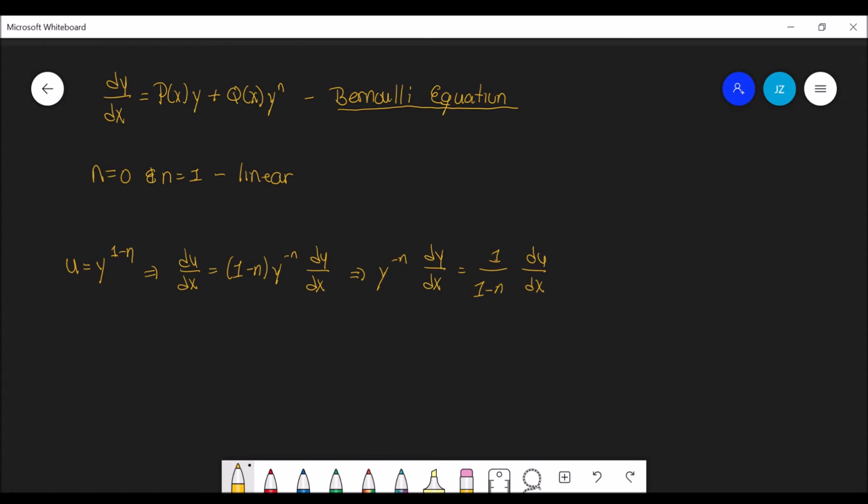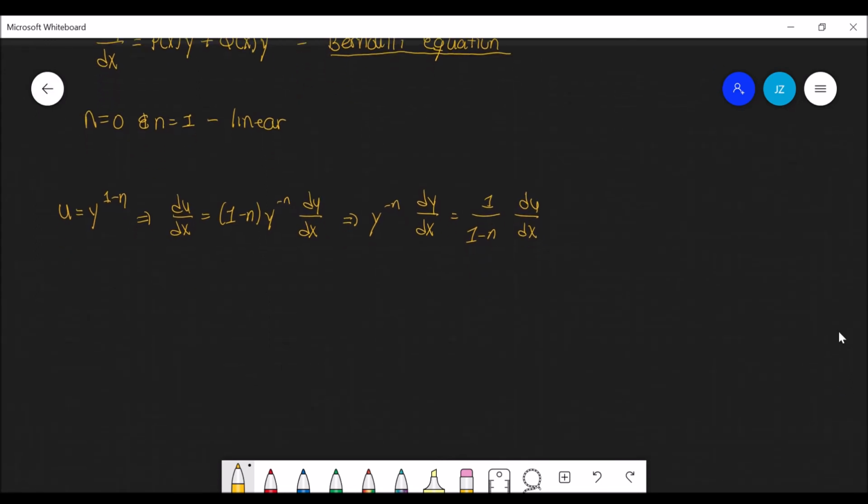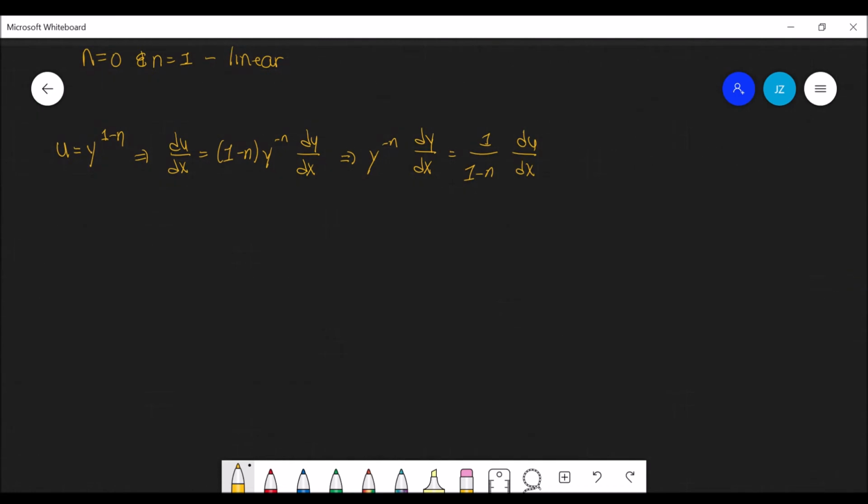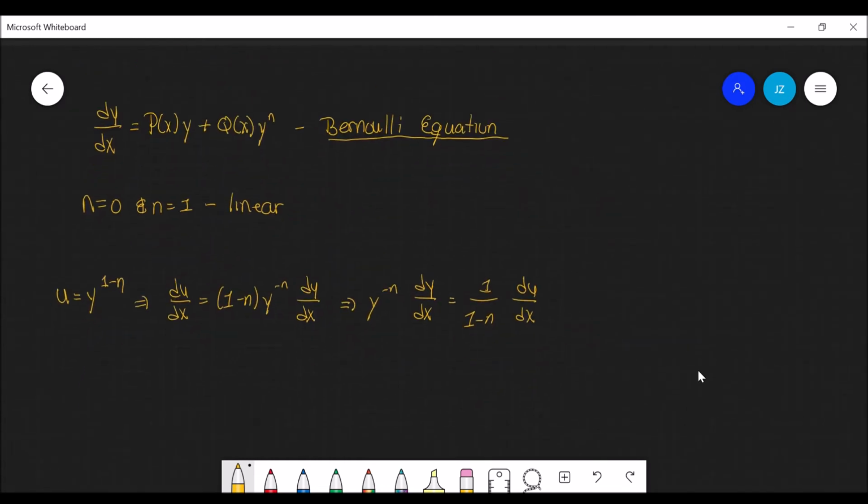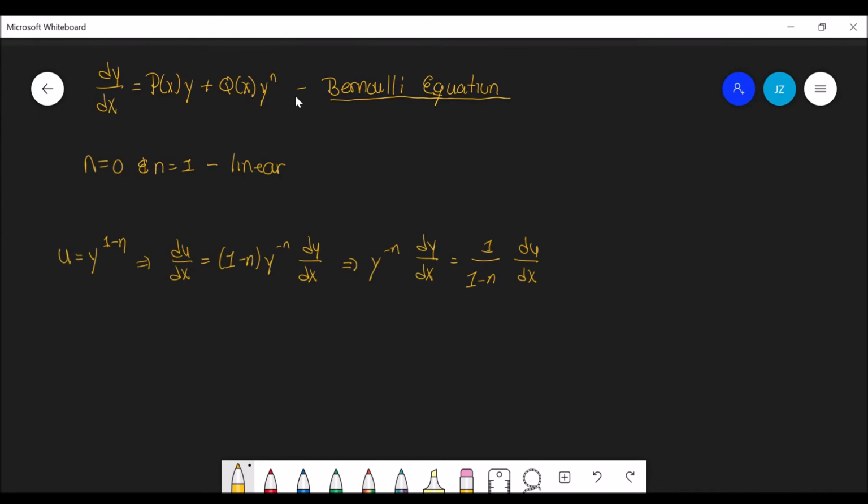Let's put these substitutions into the Bernoulli equation. So the equation becomes, well, I'm sorry, we're not plugging in yet. We're going to multiply our Bernoulli equation by y to the minus n.